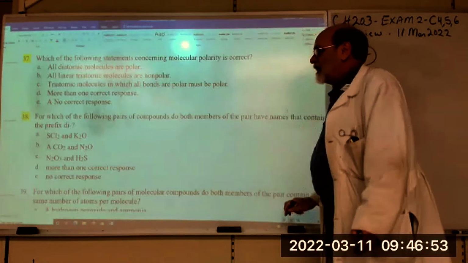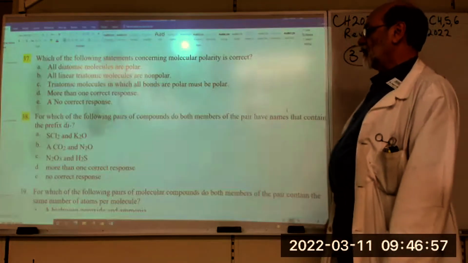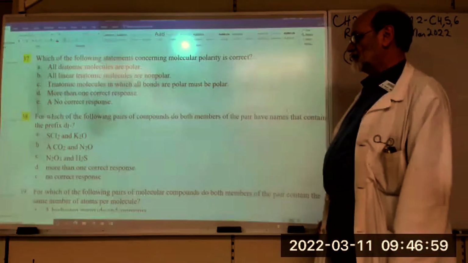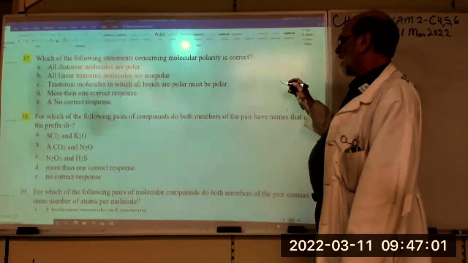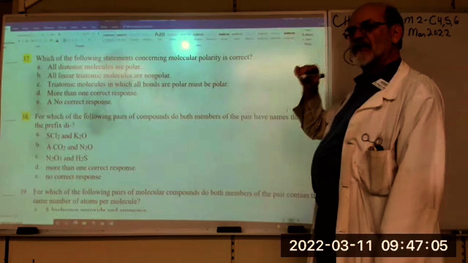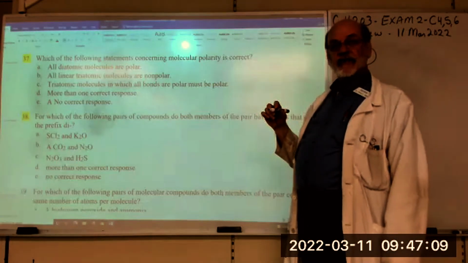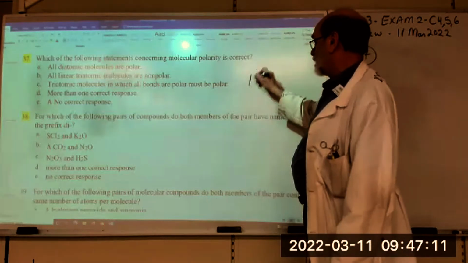How about B? All linear triatomic molecules are nonpolar. Linear triatomic. Can you think of an example? Well, let's see. How about this one?